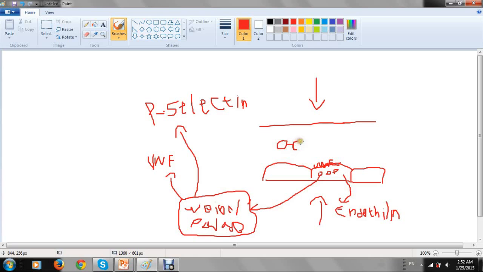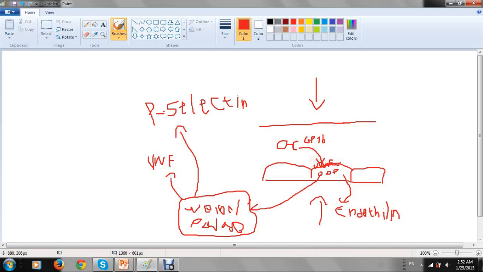Those receptors are called GP1B receptors, and those GP1B receptors will connect to the von Willebrand factor.